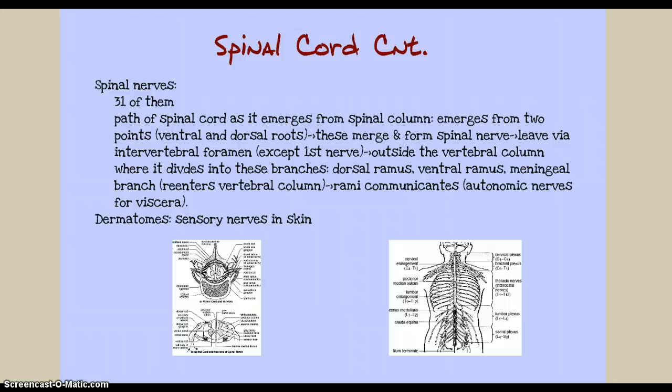It emerges from two points, the ventral and dorsal roots, and these merge and form the spinal nerve. And then after that, they leave via the intervertebral foramen. It's basically just like a hole through a vertebra, except for the first nerve. That's because it's the atlas axis area.